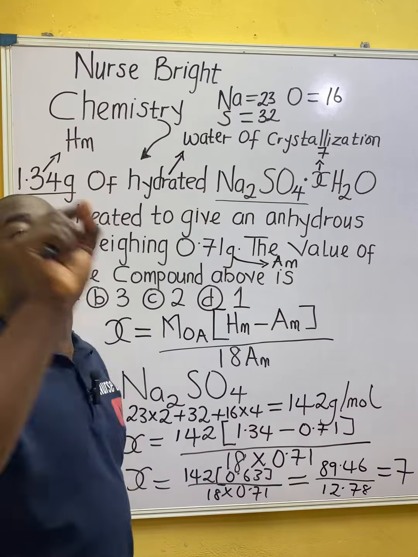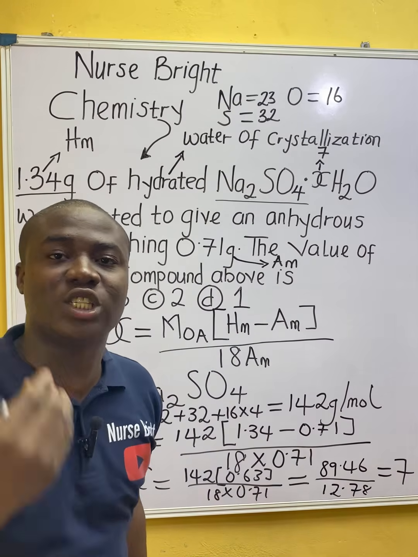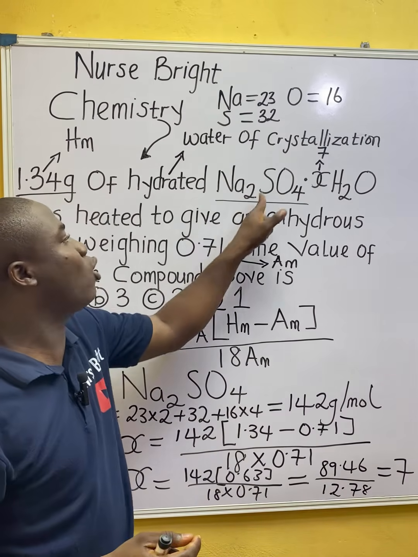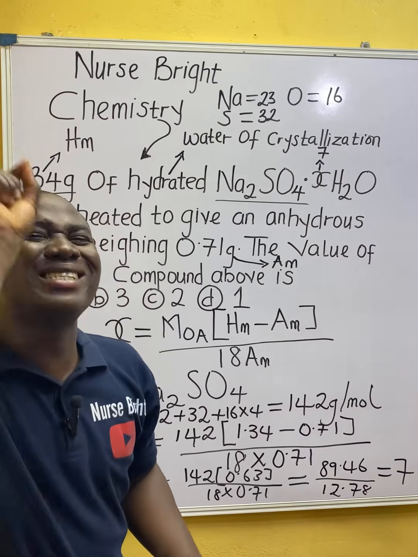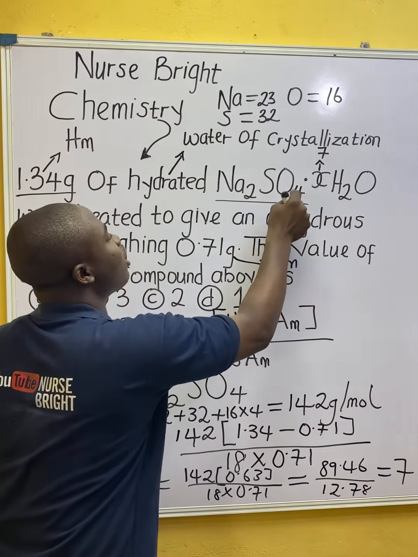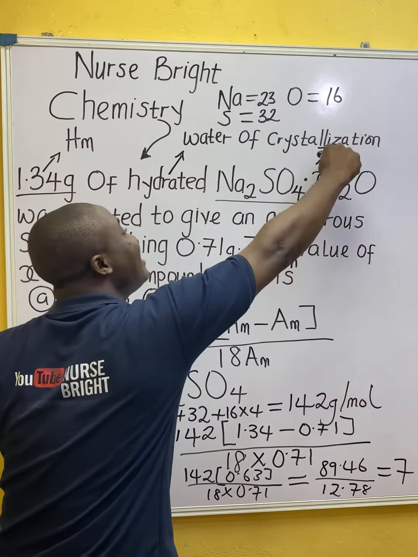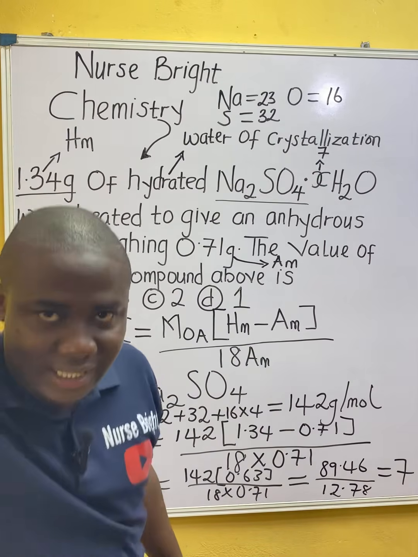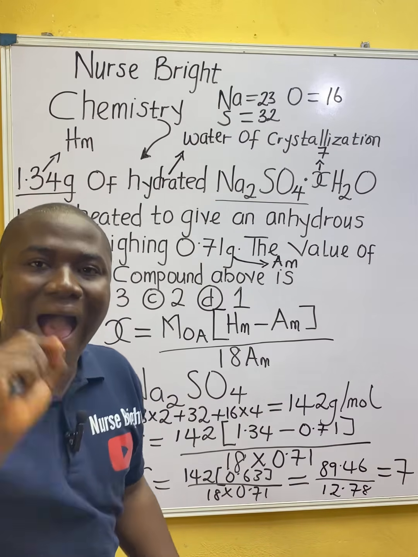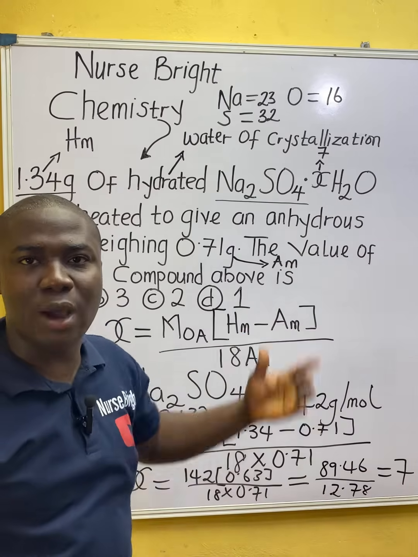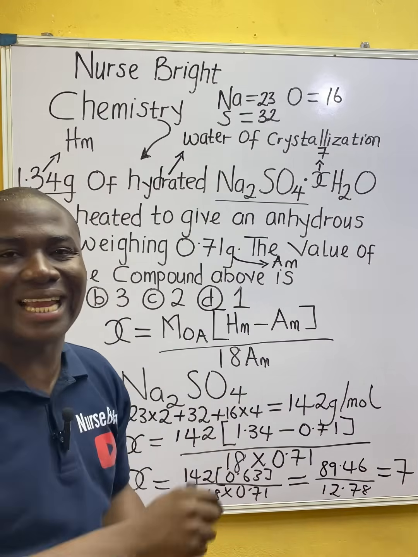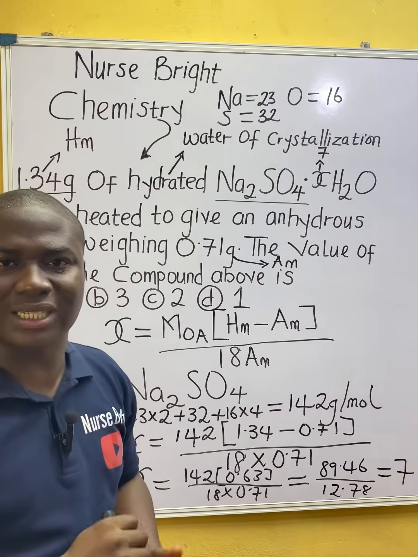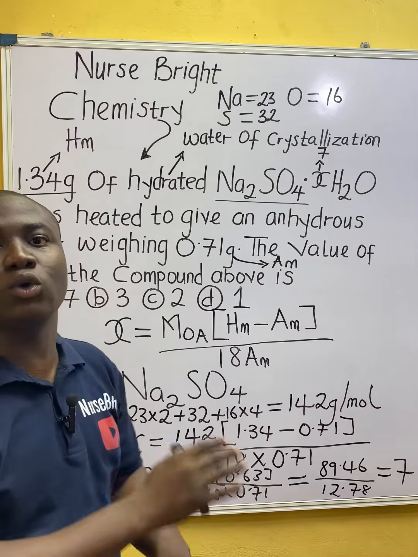Calculating properly the oxidation number of sulfur in this compound is going to give you 6. So sodium tetraoxosulfate(VI), since it's 7, is going to be heptahydrate. That's how to pronounce this compound that is a hydrated salt. I believe you understand properly how this question was tackled without stress.